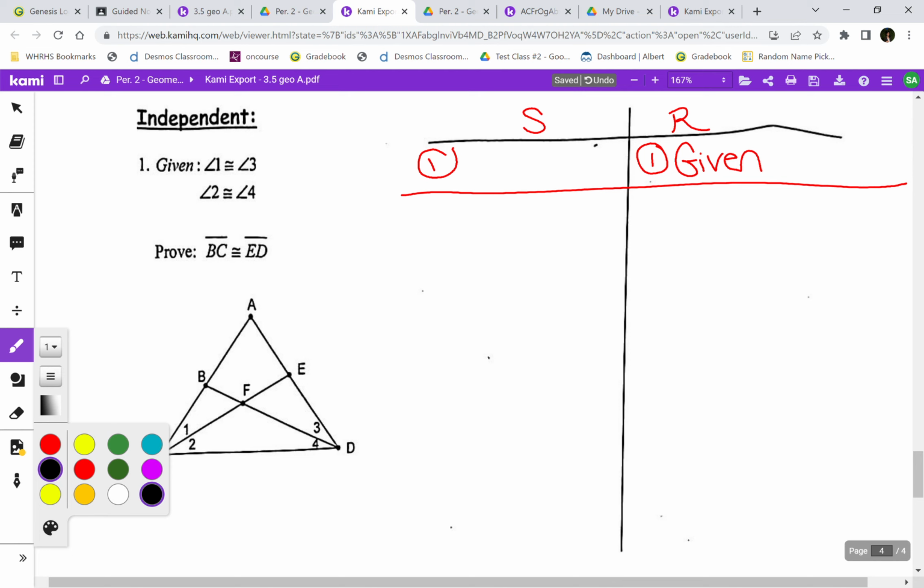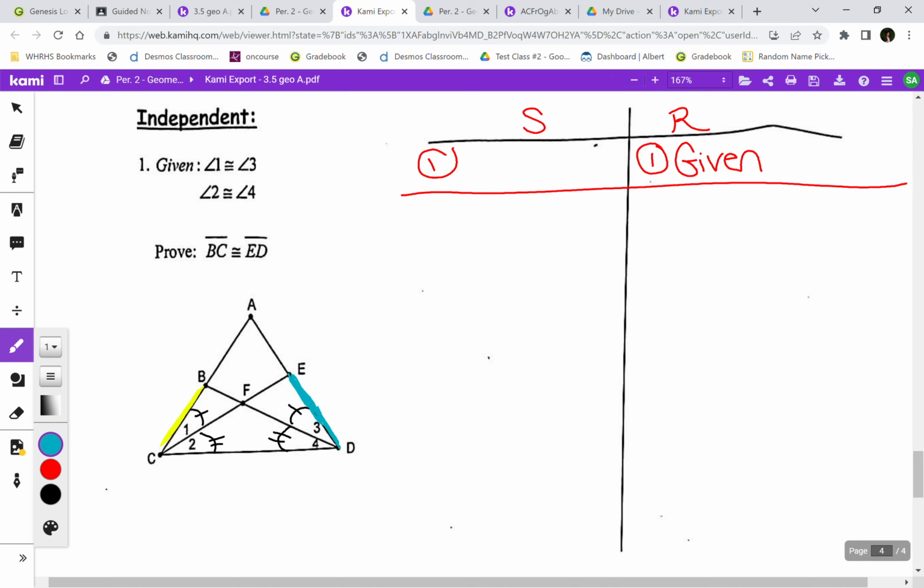All right, so here we have angle 1 is congruent to angle 3. And we have angle 2 is congruent to angle 4. We want to prove, I'm going to highlight it, that BC is congruent to ED.